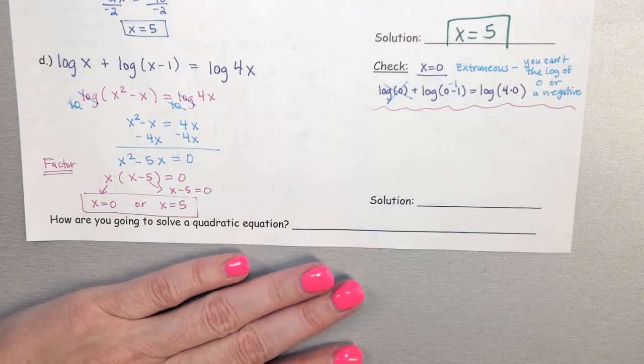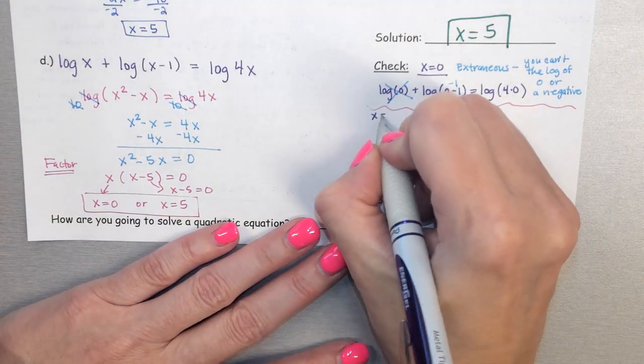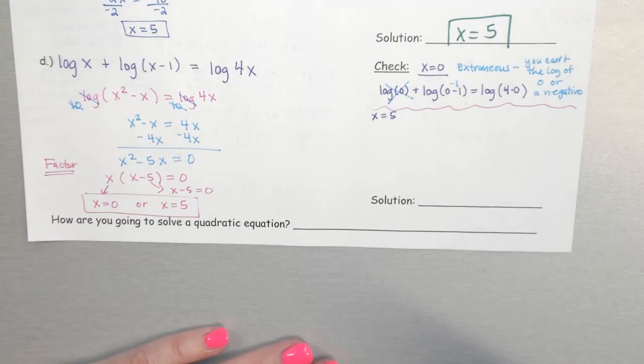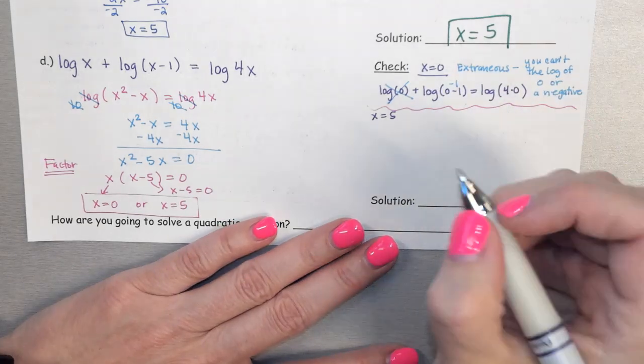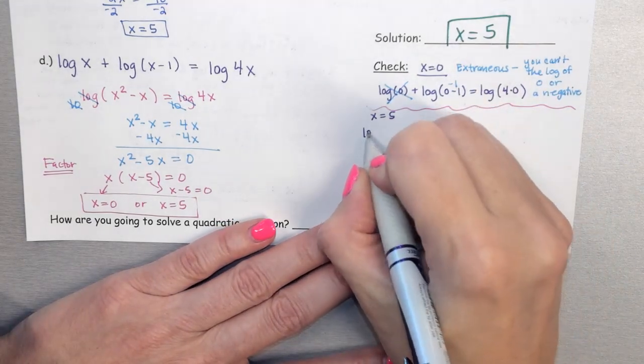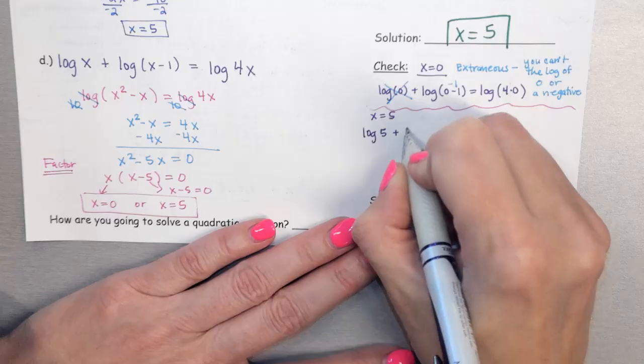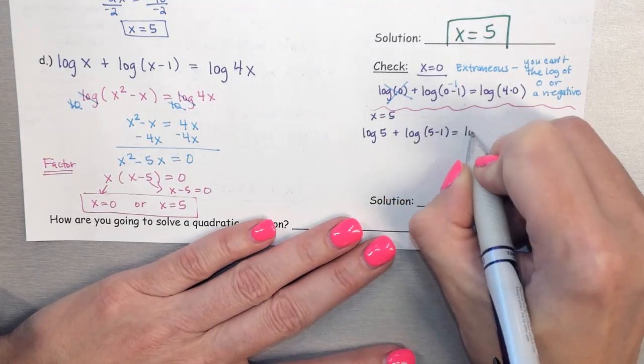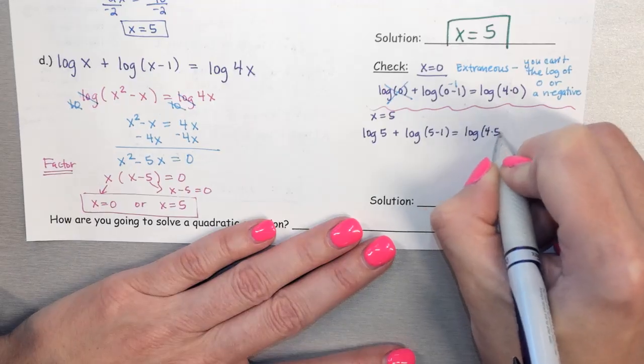So now we're going to check our other value, x is equal to 5. If this doesn't work, our answer would be no solution. Sometimes that happens. So we have the log of 5 plus the log of 5 minus 1 equals the log of 4 times 5.